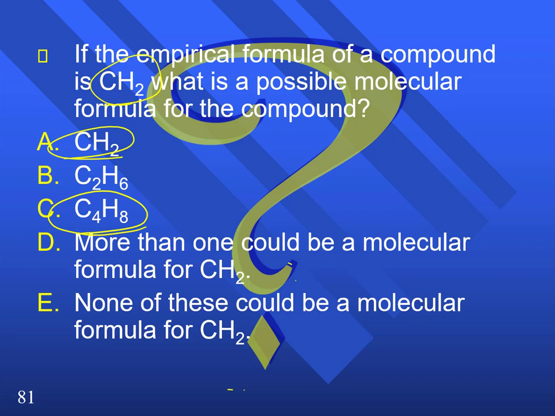What about A? Is A a possible molecular formula? Yeah, it's the lowest ratio, but it could also be the right one. Are you sure it's not a molecular formula? Okay, it could be either one of those. You're not sure about CH2. Does that make sense? Okay.